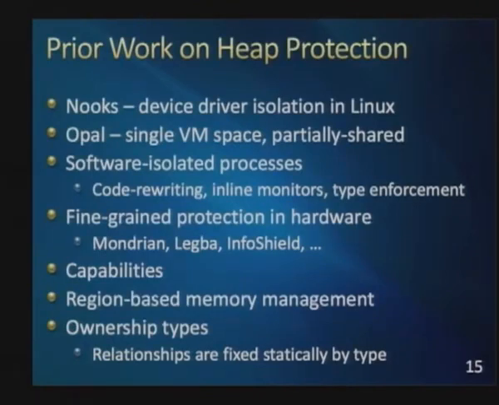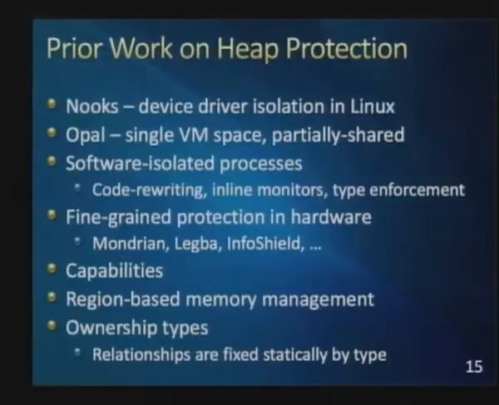They took a slightly different approach. They have a sort of dynamic grant and deny model, so it's hard to provide sandboxing inside of this operating system. Software isolated processes typically have high overhead and or limitations, more of a static protection domain structure. You've got mechanisms that rely on hardware modifications. We're after just standard hardware out there, Intel, AMD, and a couple of others we could discuss in detail.